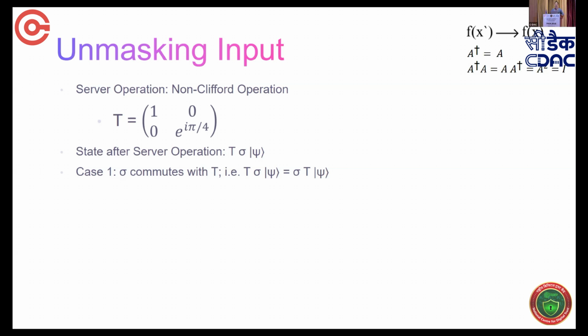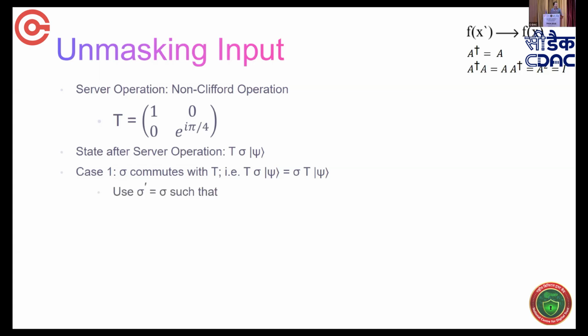In a quantum computer, the order of applying the operators matters. It's not like sigma T is equal to T sigma. So first I will assume that commutation is allowed, and second time I will assume that commutation is not allowed. If commutation is allowed, I can write T sigma equal to sigma T.